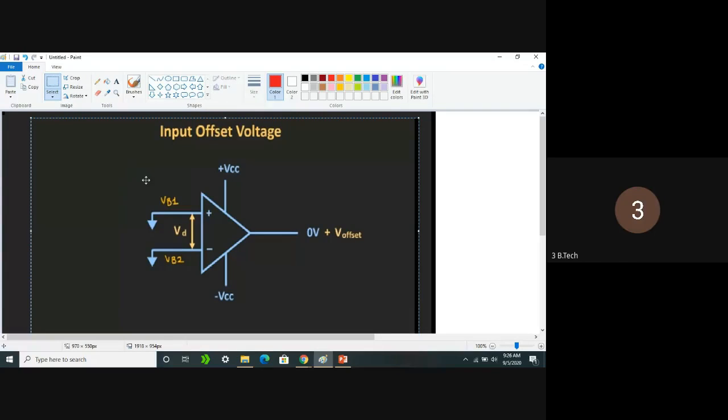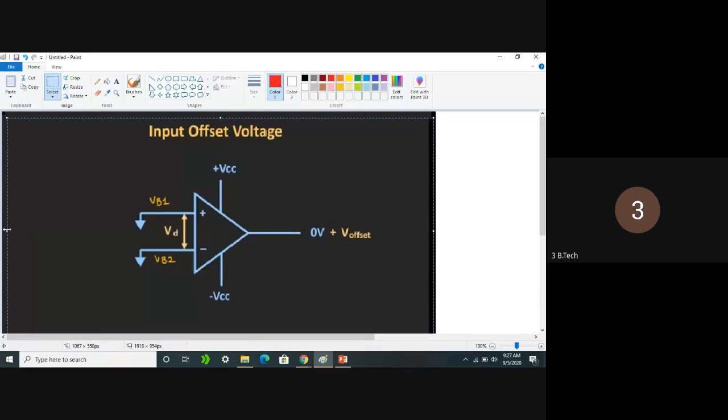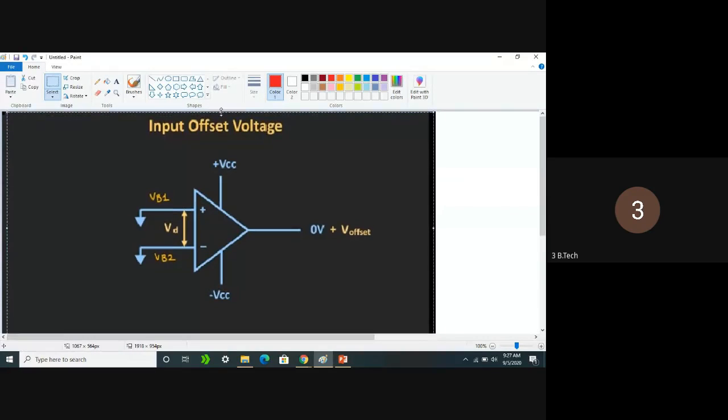So which type of transistor can be used at the input stage of an operational amplifier?